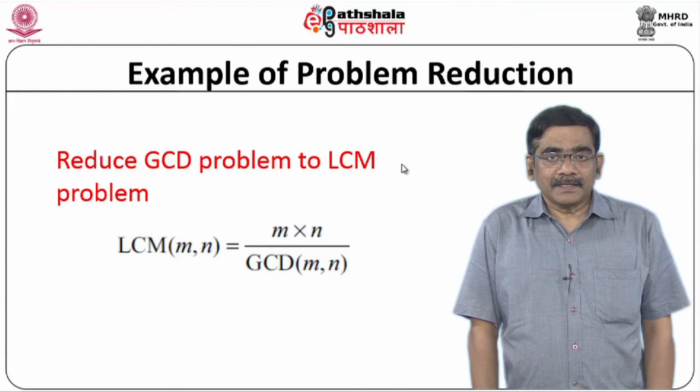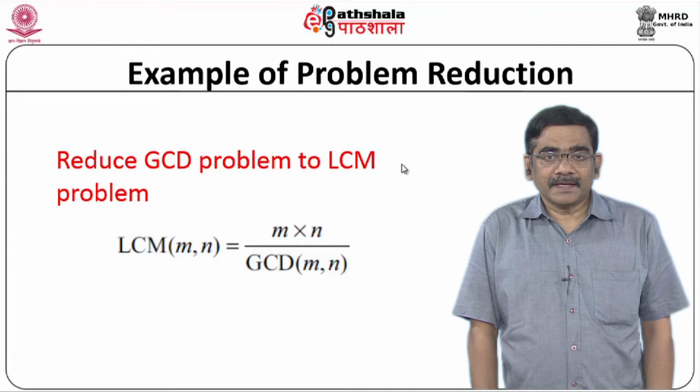Let us assume that the algorithm is not available, but let us assume that we have the algorithm for GCD. If this is the case, then we can easily convert the problem of LCM finding to a problem that involves GCD. In this particular method, using this problem reduction mechanism, we can develop sophisticated algorithms.